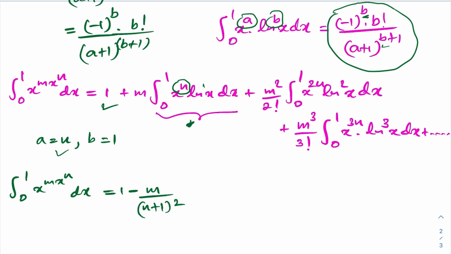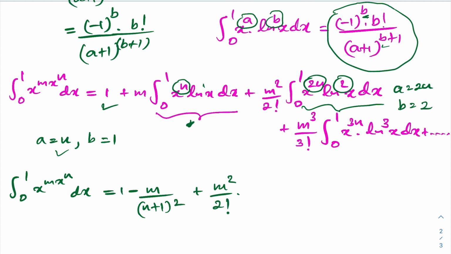Then for this integral we know a is equal to 2 times n, and b we know is 2. So here we have plus m square over 2 factorial times minus 1 raised to the 2 power, which is plus 1, and b is 2, so 2 factorial over a, which is 2n, so 2n plus 1 raised to the 3 power.